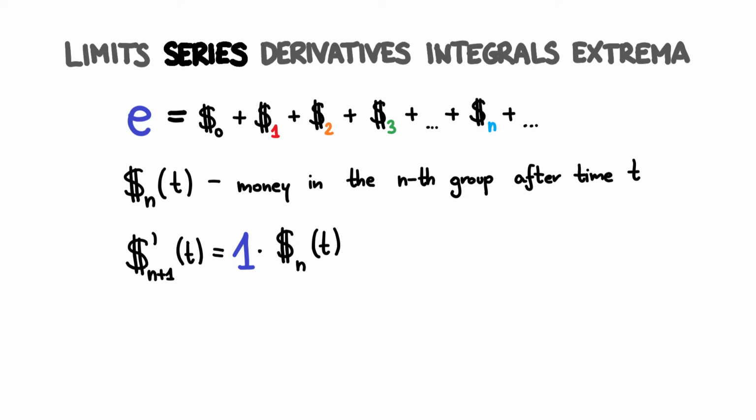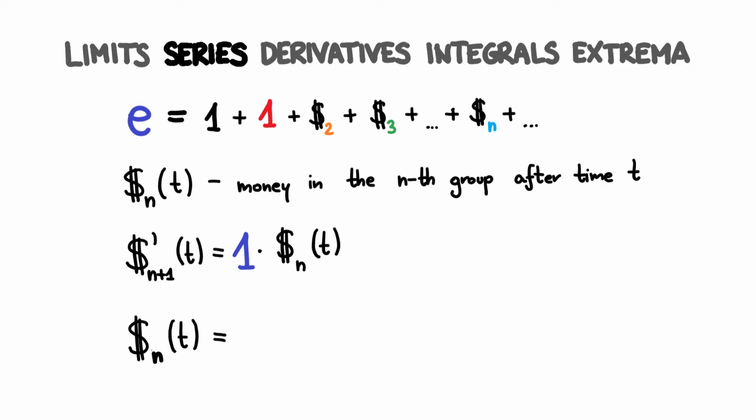Before that, let's learn how to calculate Sn of t for each particular n and t, starting from the easiest case. Of course, S0 of t constantly equals 1, as it represents the initial dollar. S1 of t, in turn, equals t, as in this case, the amount of money increases linearly, giving $1 after a year.